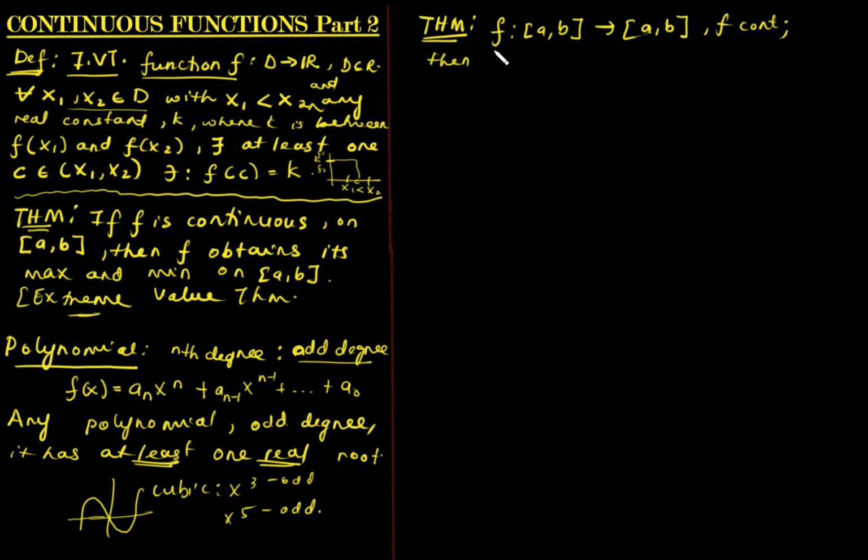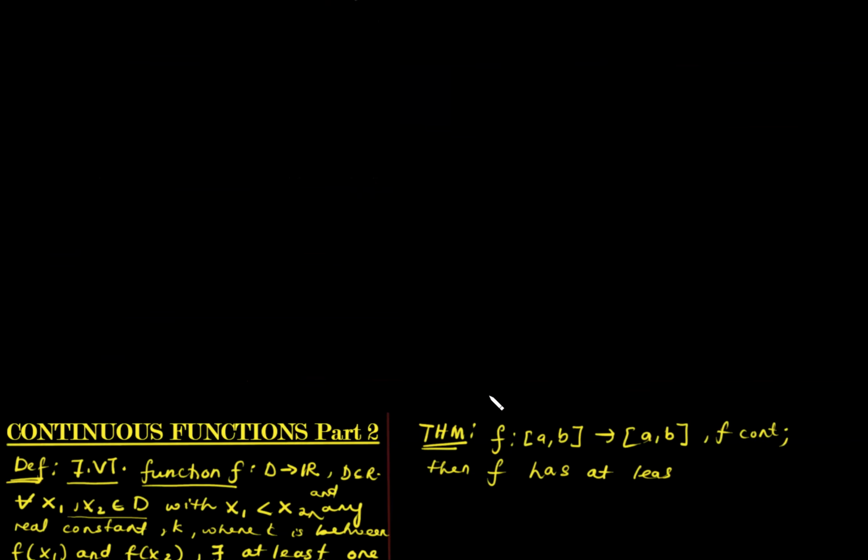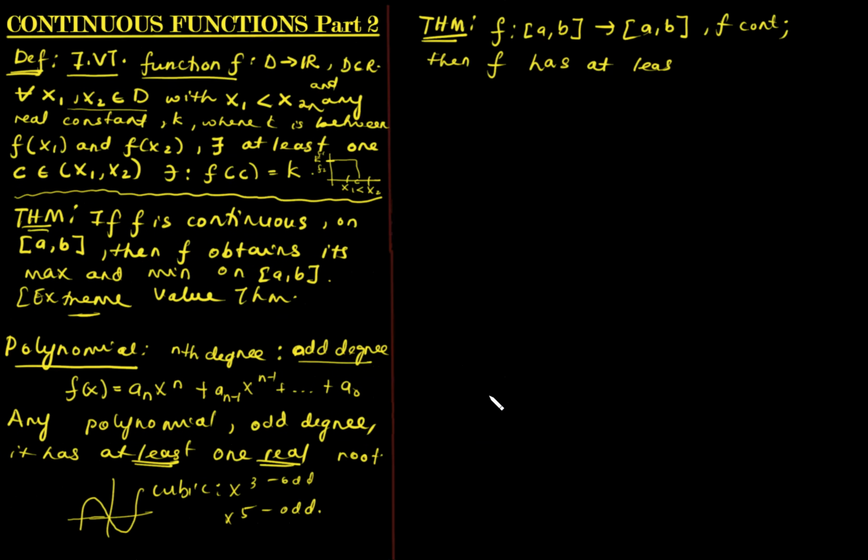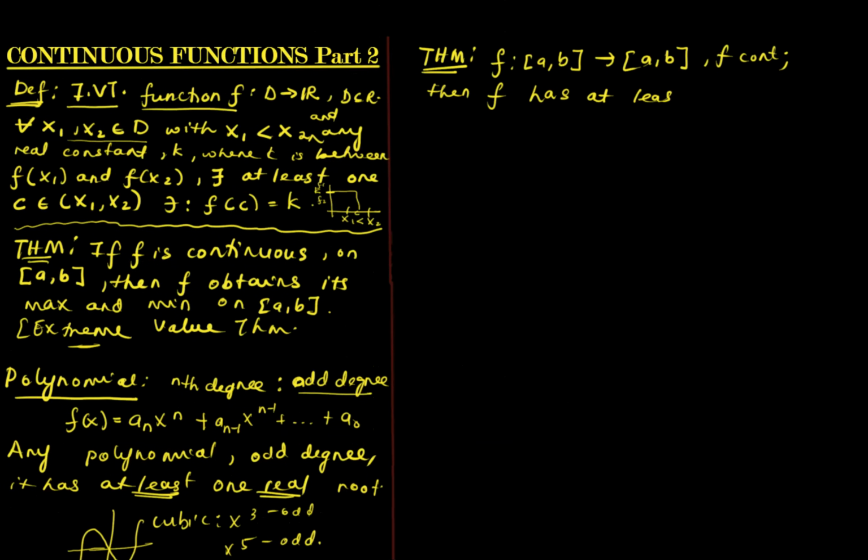Then what this theorem says is the function f has at least one fixed point. So what does this mean?